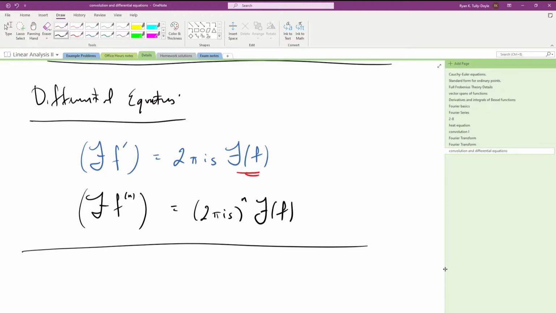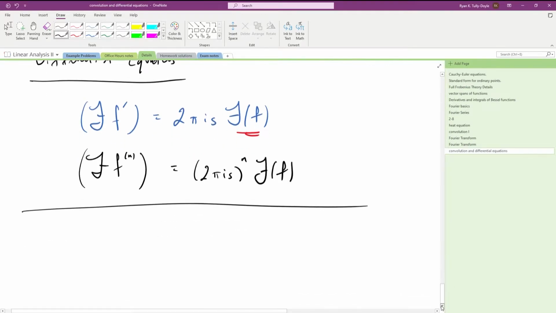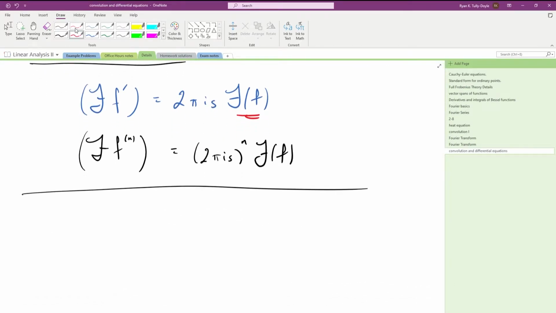For the purposes of the first example that I'm going to walk through here, there is one transform that I'm just going to assert is true, and you're going to have to keep it in mind. This is my assertion: this is a standard transform, and the use of a standard transform is part of the method of using the Fourier transform to study differential equations.